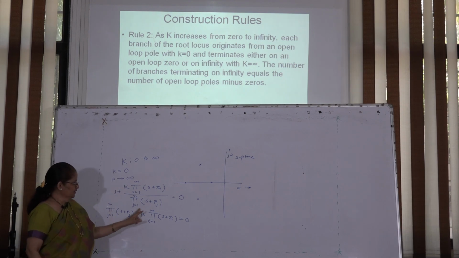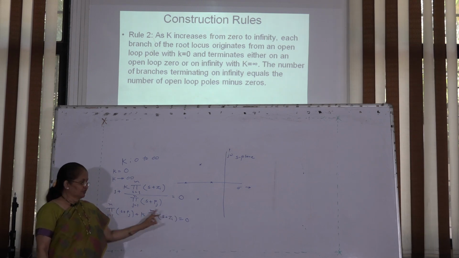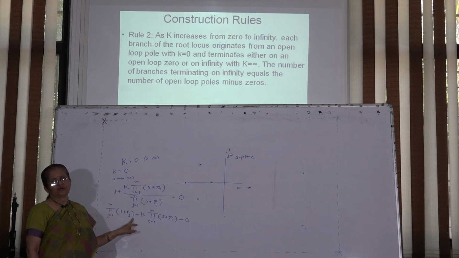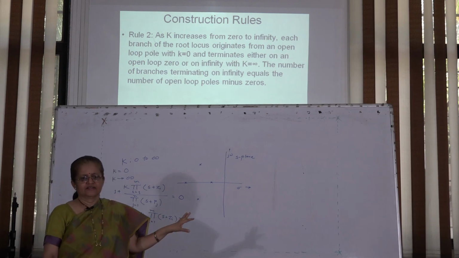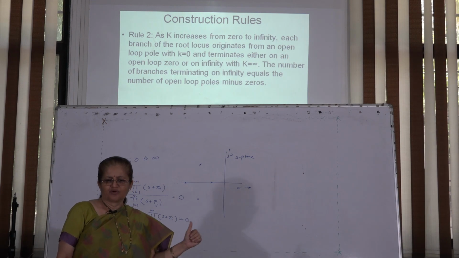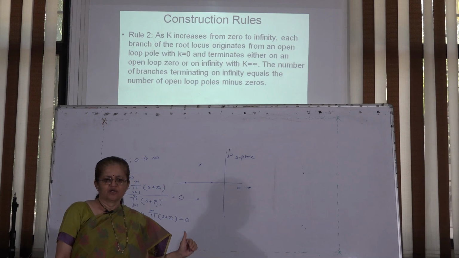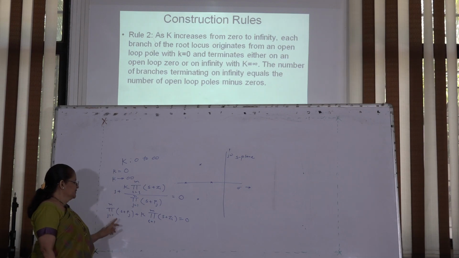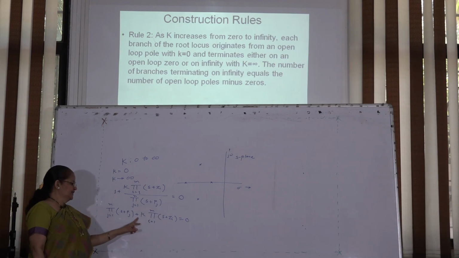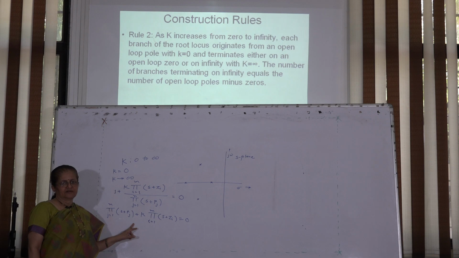When k is 0, this term vanishes because k is 0. What remains is only the open loop poles. So, the rule says that as k increases from 0 to infinity, each branch of the root locus originates from an open loop pole with k equal to 0. You can understand this from here: if k is 0, this term vanishes, and only the open loop poles remain. So, branches will start at open loop poles.